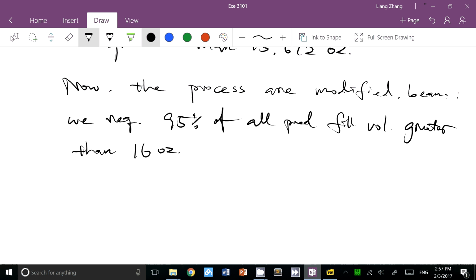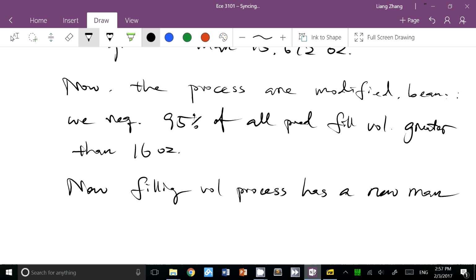Now let's assume the modifications are done such that the new filling volume process has a new mean but the same variance.